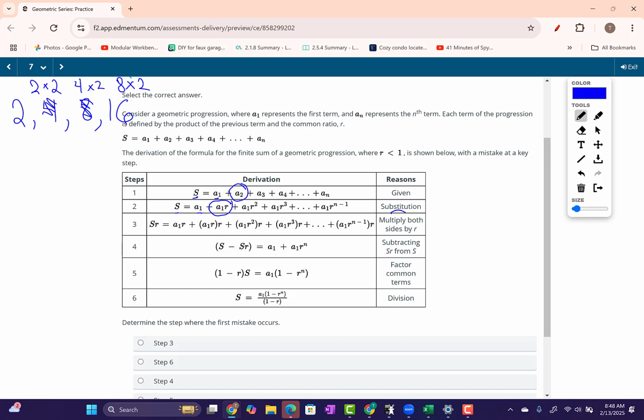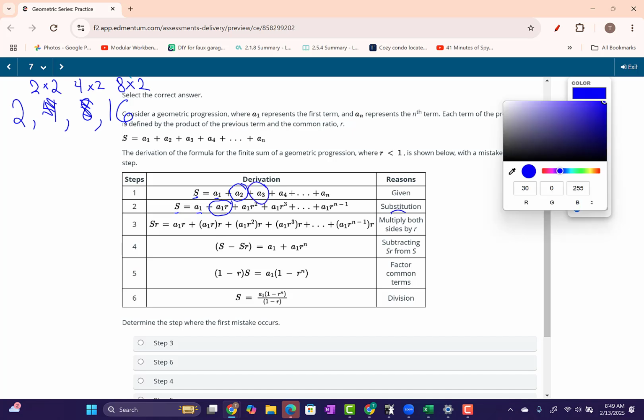They're writing the second term as the first term times the common ratio. And then they're writing the third term as the first term multiplied by the common ratio twice. And the fourth term is the same thing as the first term times the common ratio 3 times.